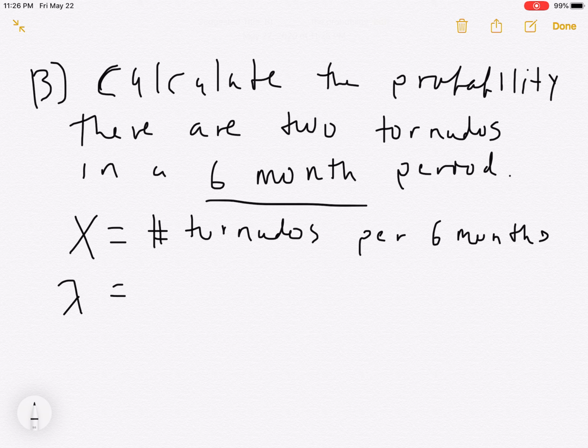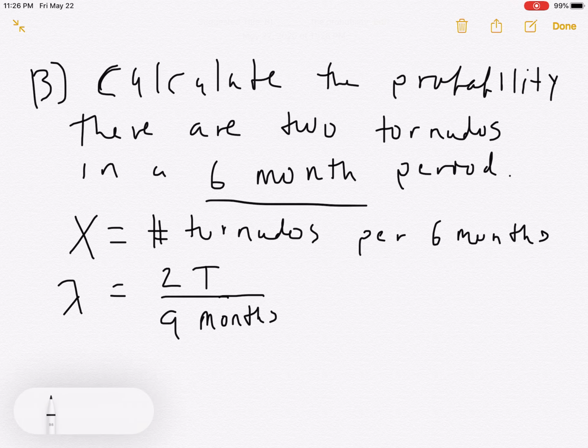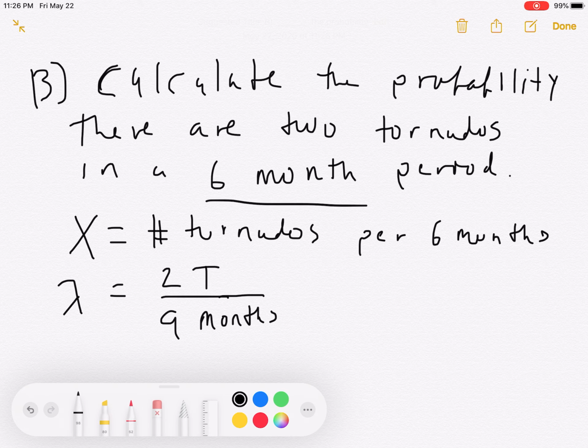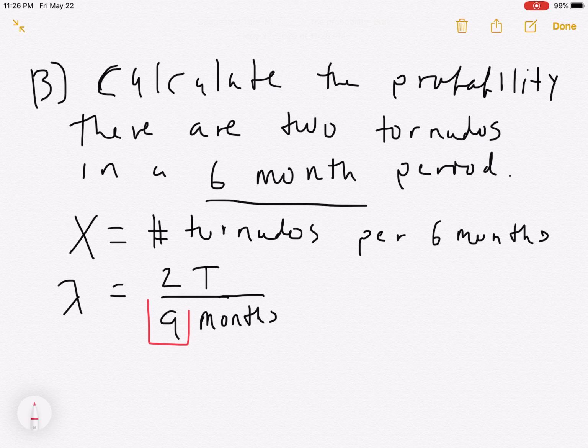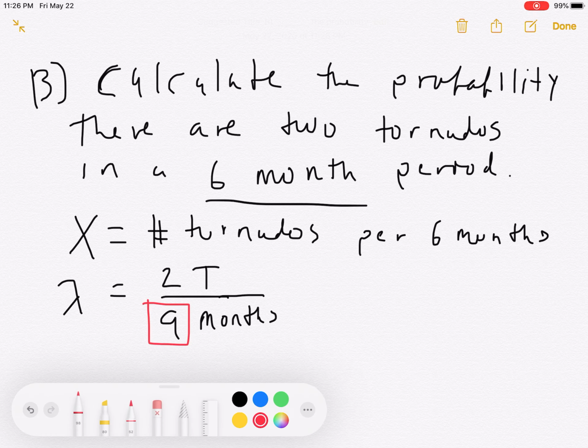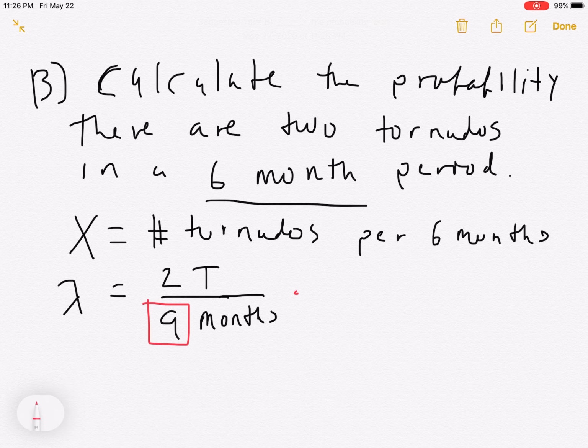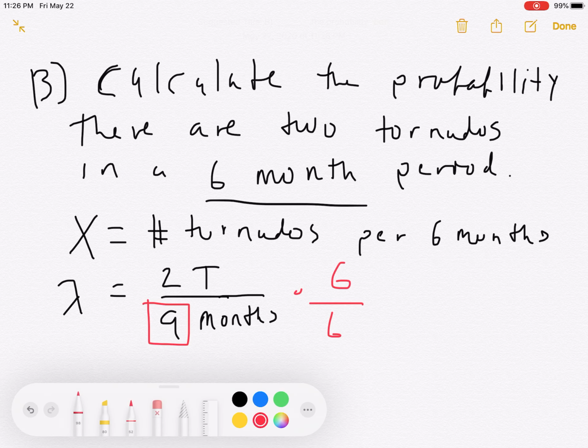Now we said lambda had the value of 2 tornadoes, I'll abbreviate that with a T, per 9 months. Now I have a problem here. My problem is that this unit is 9 months and I need that to be 6. So I'm going to do something curious and multiply this by 6 over 6. Notice that is unitless, but it allows me to convert it to a unit of 6 months.